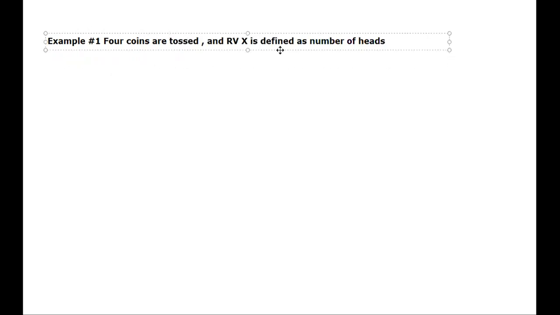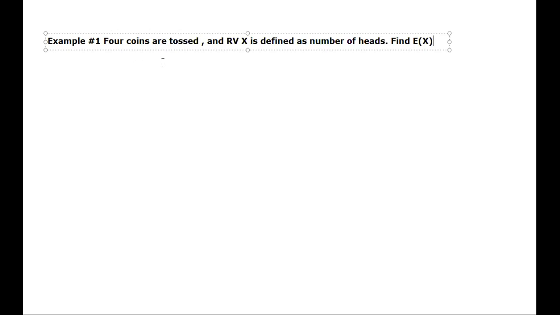So I tossed the 4 coins, and the random variable x is the number of heads. Find the expected value of x. That means if I toss 4 coins, what is the expected value I'm going to get? So let's take a look here.